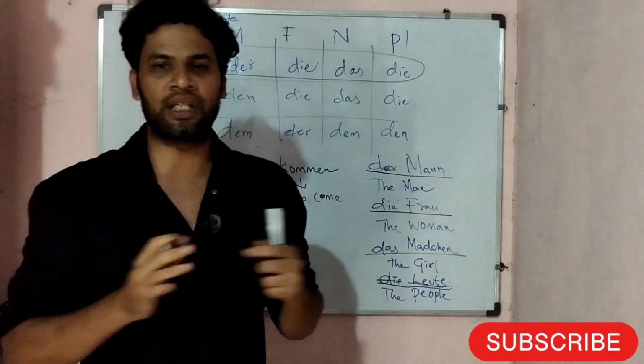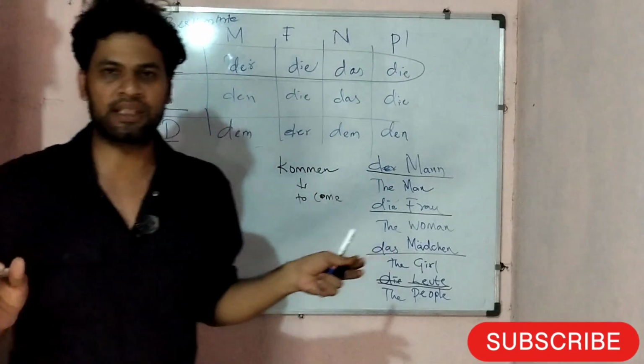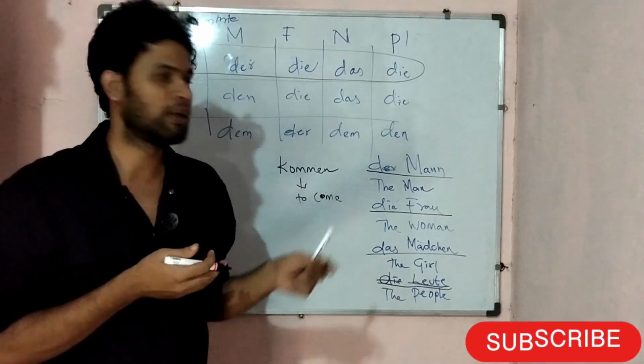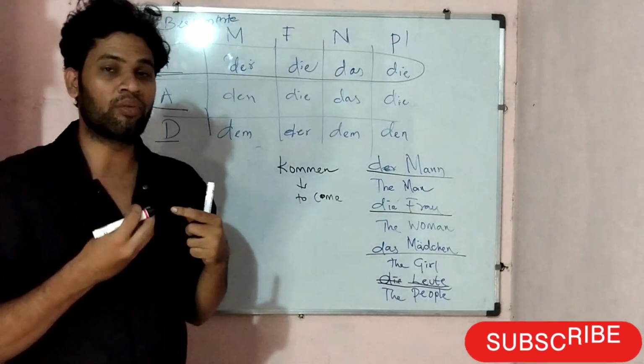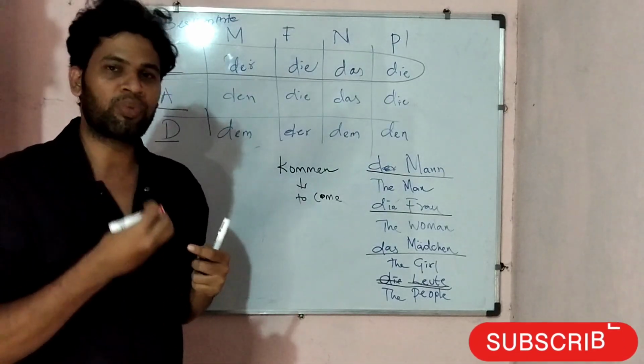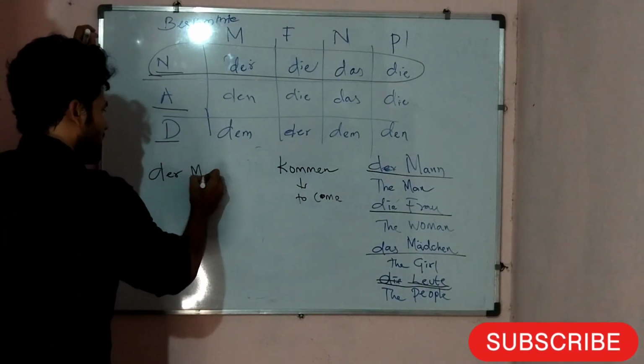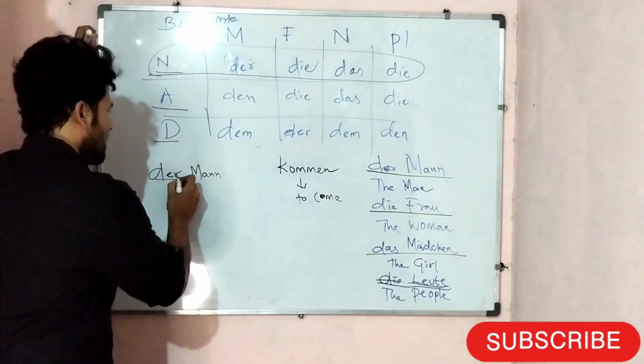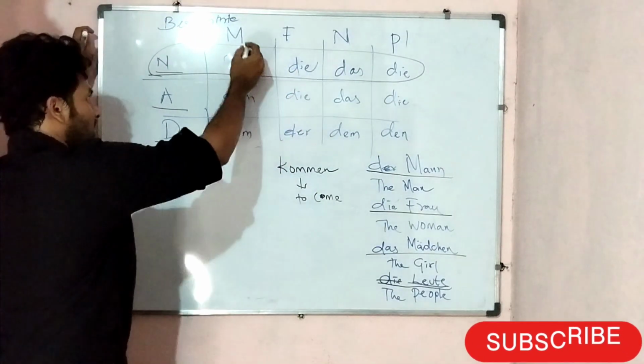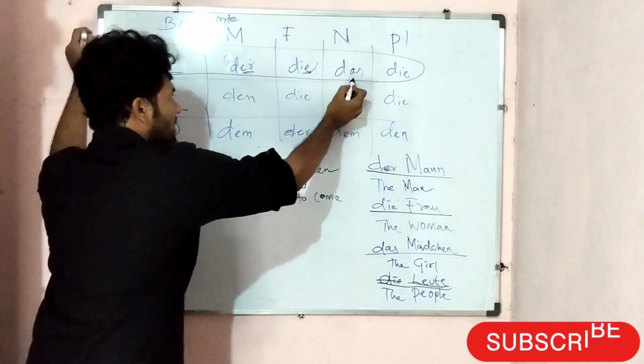Since in German we don't have the present continuous form, as we discussed in previous videos, we should always use simple present. So the man comes: der Mann. What is he, she, it? Er, sie, es.